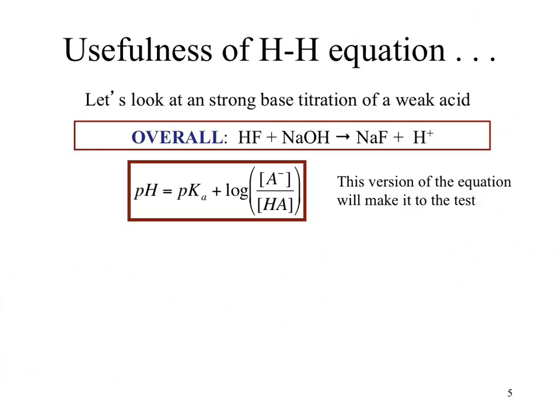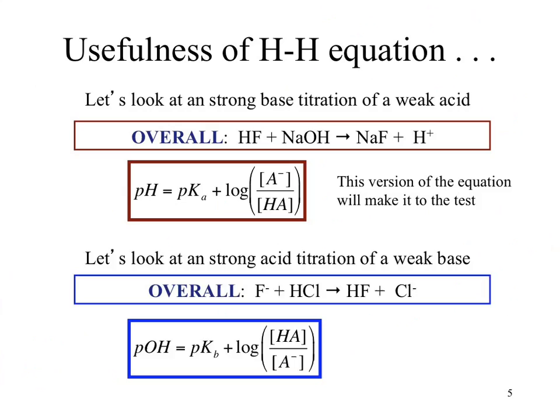This is the standard one that almost everybody refers to as the Henderson-Hasselbalch equation. Why do we look at this one? Because we typically look at acids. So that's the one that gets referred to as our Henderson-Hasselbalch. If we're given a weak base, so we titrate a strong acid into a weak base, we go through a very similar situation, except instead of a pH, it's now a pOH, because it's a base.